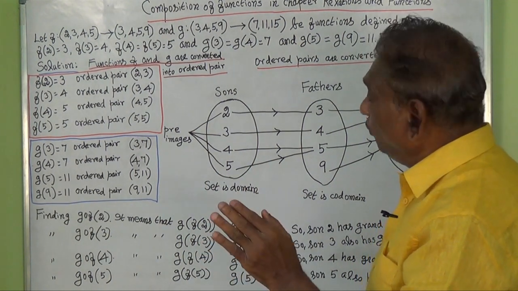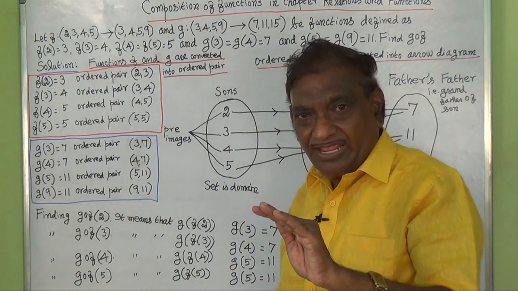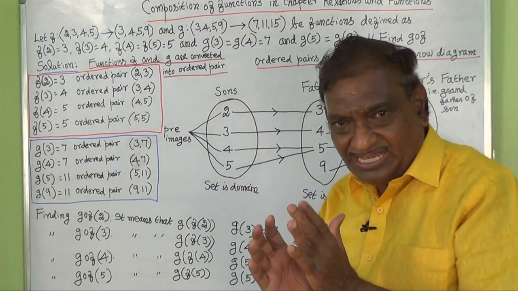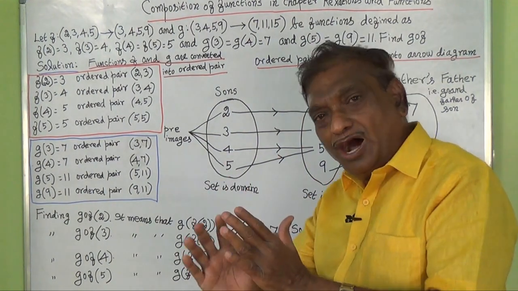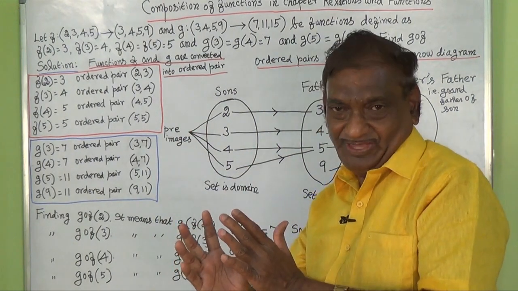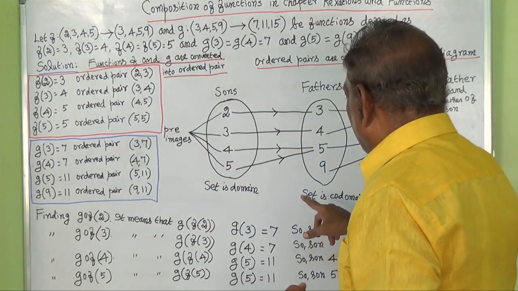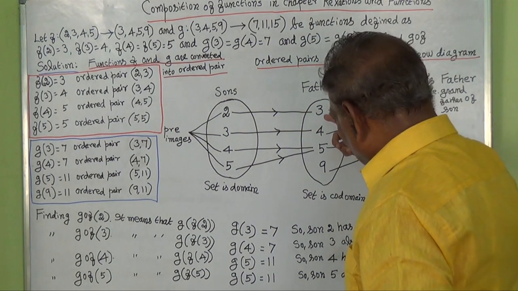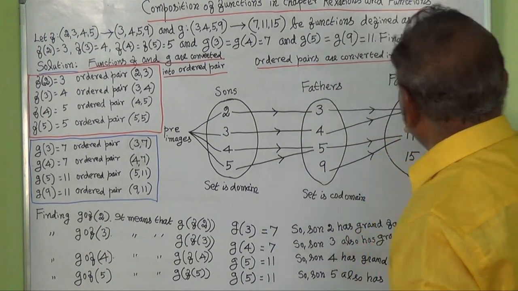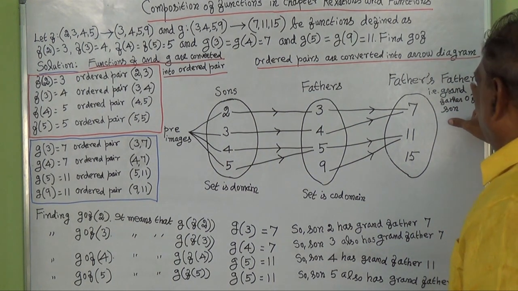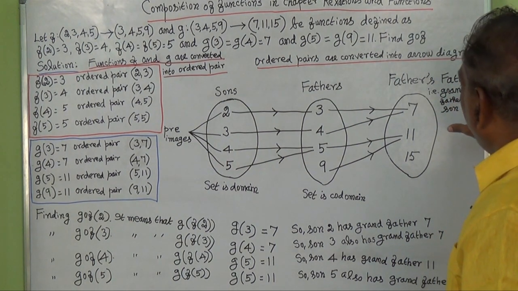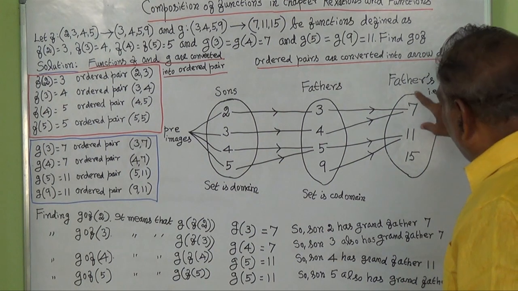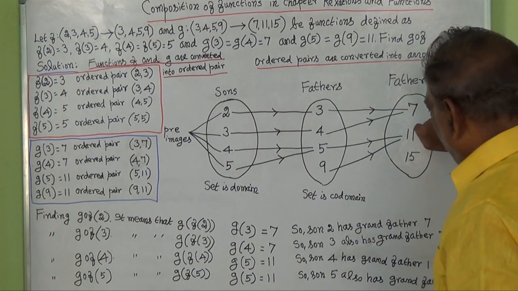Then we are going to relate the father's set and the father's father set. In this case, the set codomain will become the domain, and this father's father set, that is the grandfather of the son, will become the codomain.